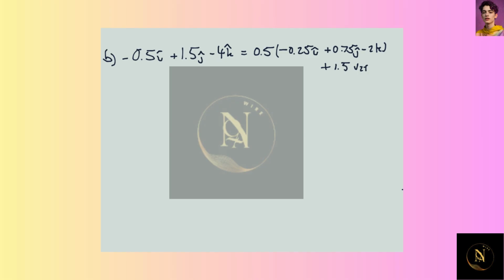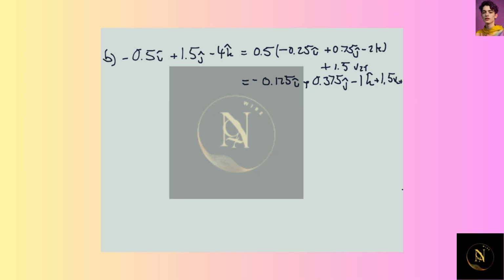In a very similar situation to a moment ago, I'm going to expand these parentheses on the right hand side, and then we'll rearrange. Expanding that out gives us negative 0.125i plus 0.375j minus 1k plus 1.5 V2F.